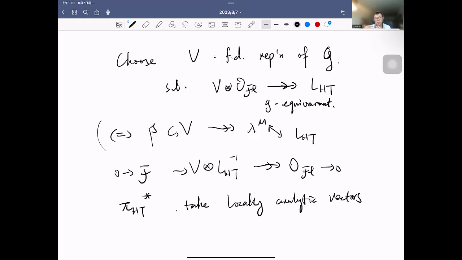Actually, using geometric Sen theory, everything is equipped with an action of Zm.